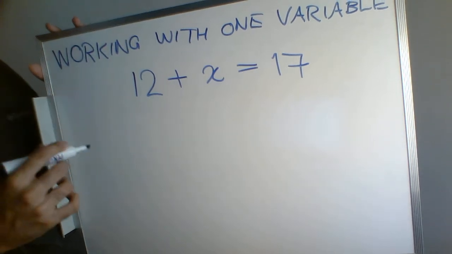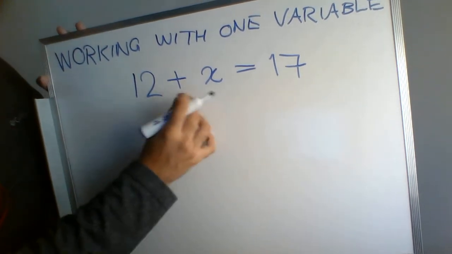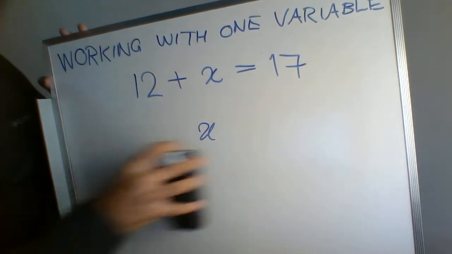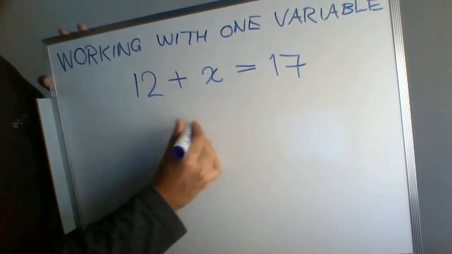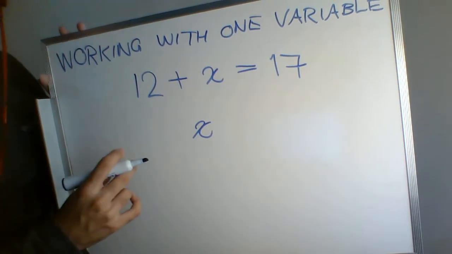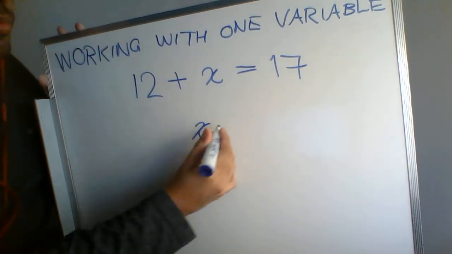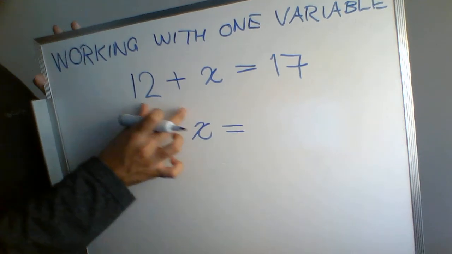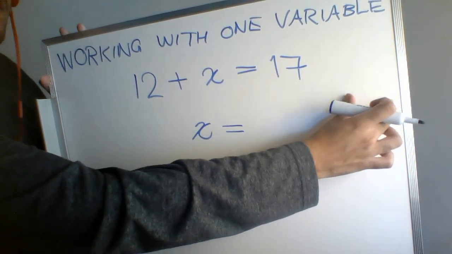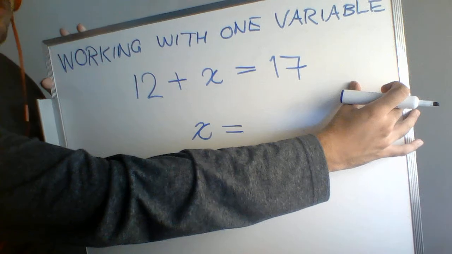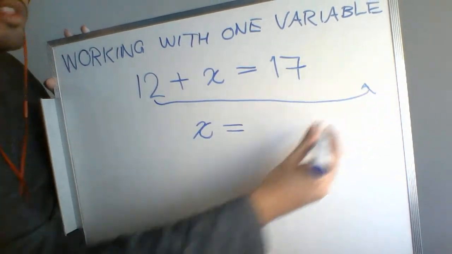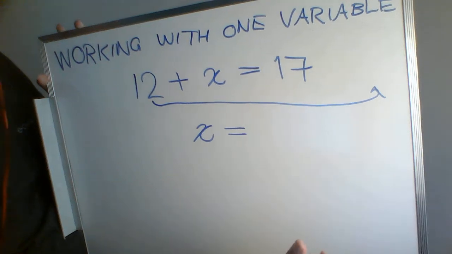To actually solve this question, the way I learned to do it is that I want this x to be by itself on one side of the equal sign. So I'll put the x here. Now I take this 12 and I chuck it all the way over to the other side of the equal sign.